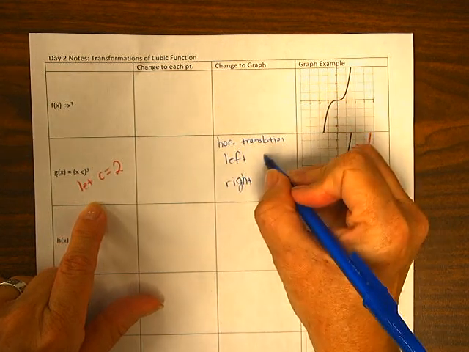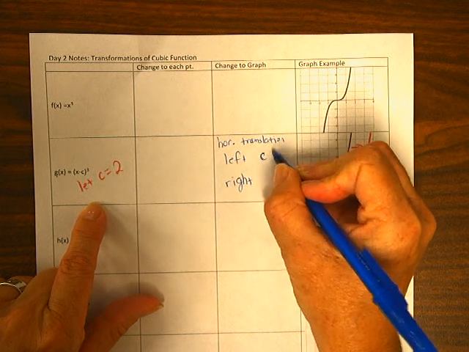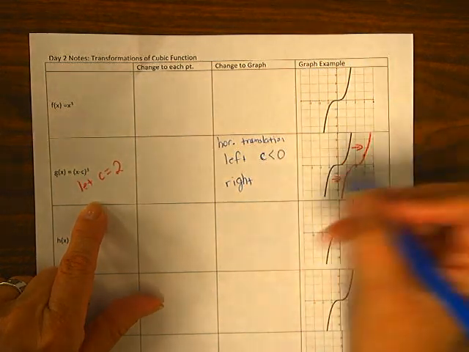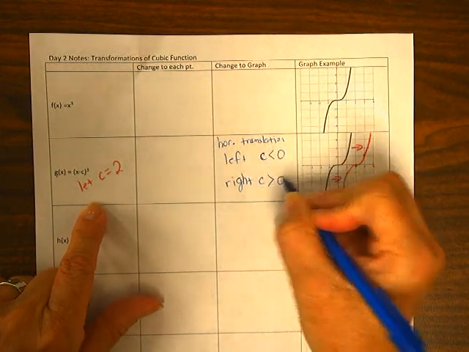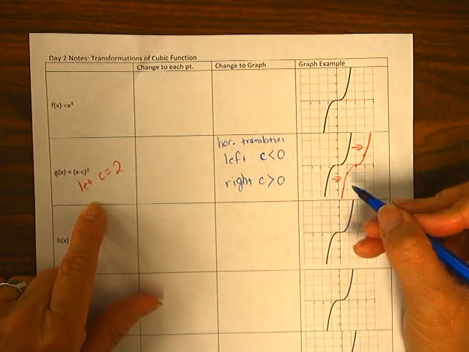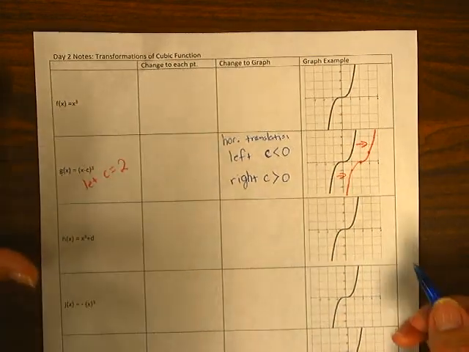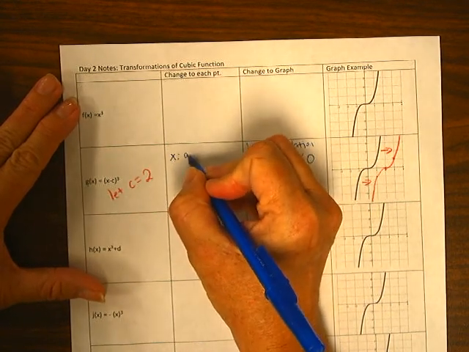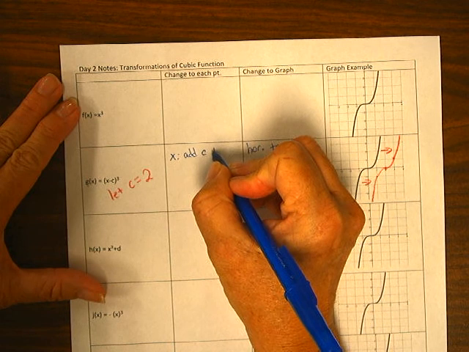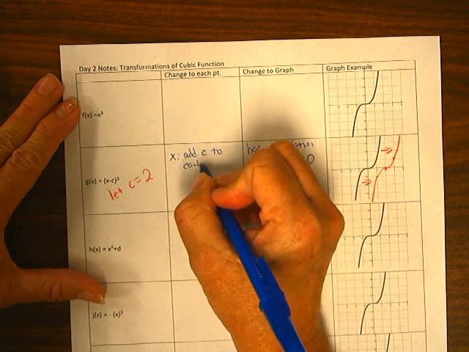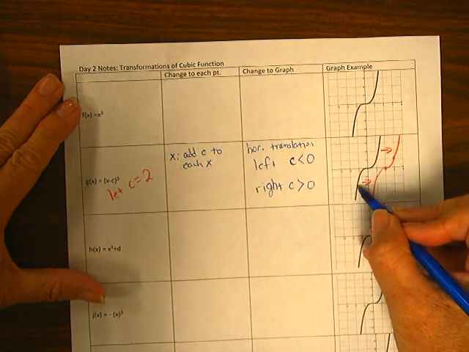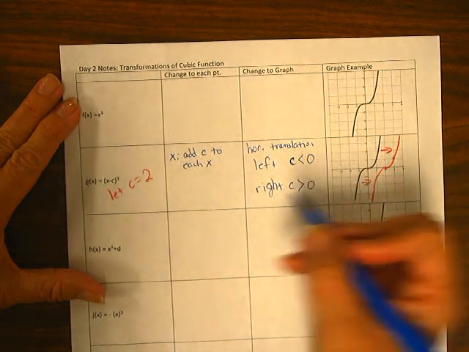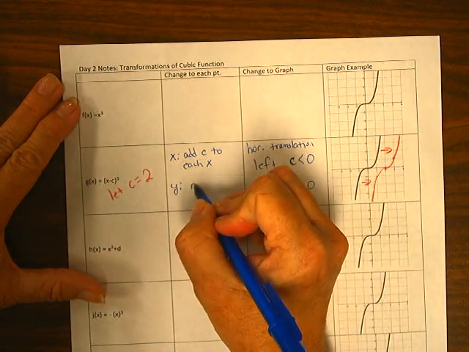So it moves to the left if your c value is less than 0. If c is greater than 0, we move to the right. And what happened to each individual point, our x values, we had to add c to each x. So every x value we added 2. Our y values had no change.